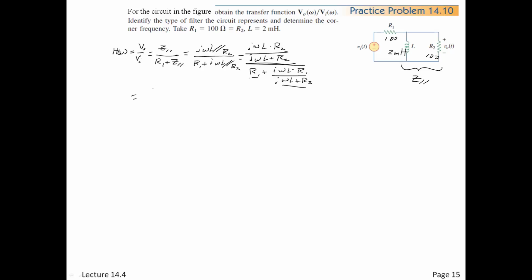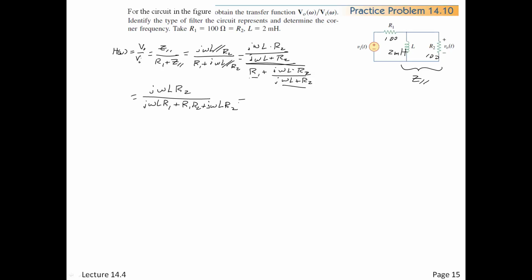So I think we can do that pretty safely. j omega L R2 over j omega L R1, plus R1 R2, plus j omega L. What did I do wrong here? This was j omega L R2. Plus j omega L R2.